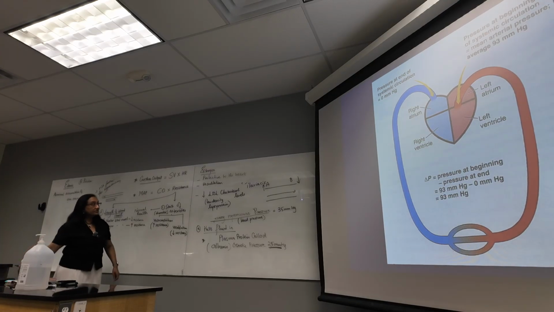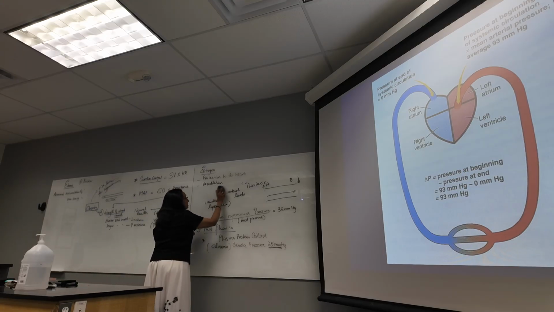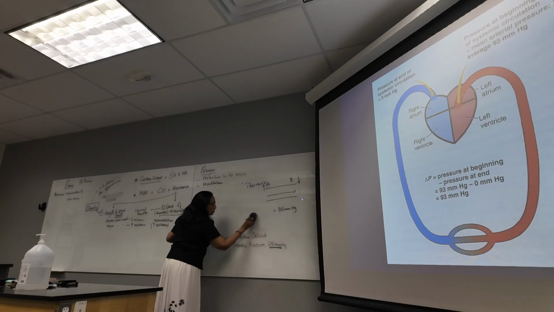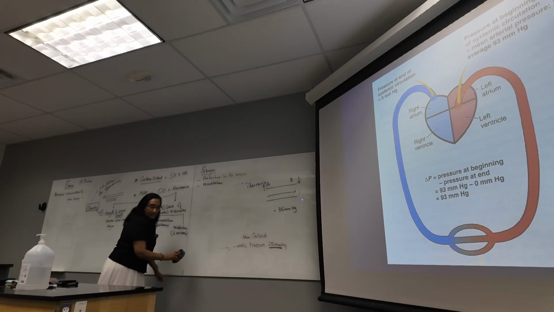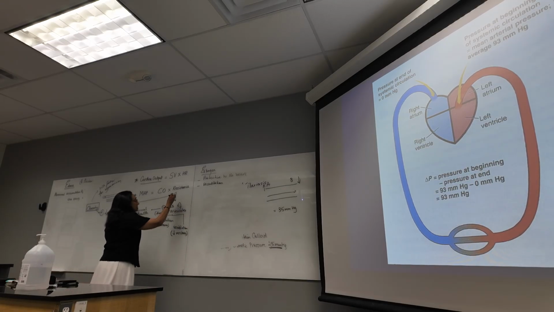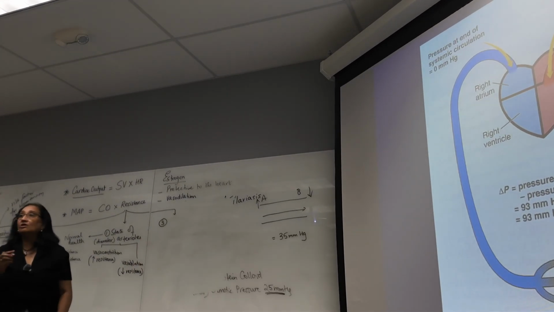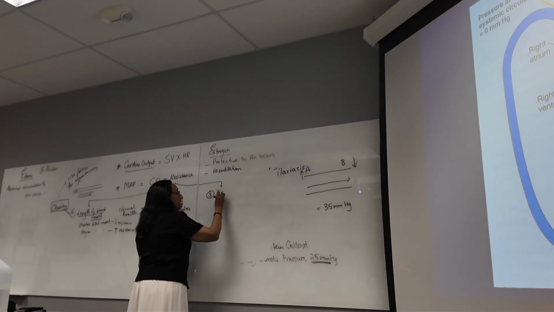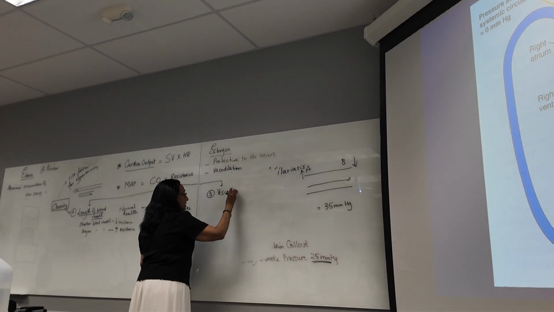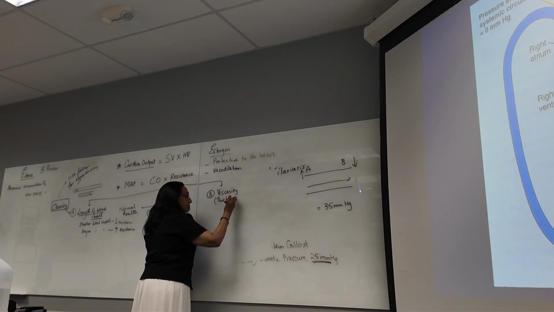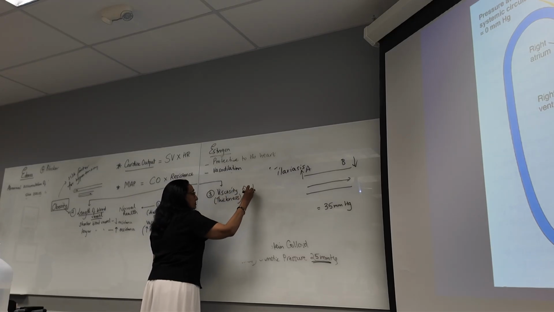The third factor that affects resistance is also something that does not happen in normal health, but can happen under disease conditions. The third factor is viscosity of blood. What is viscosity? The thickness of blood.